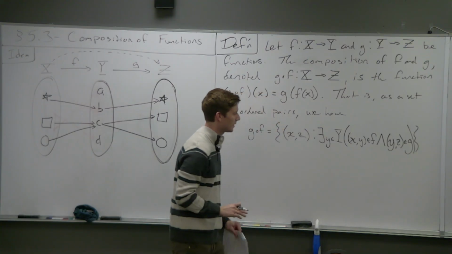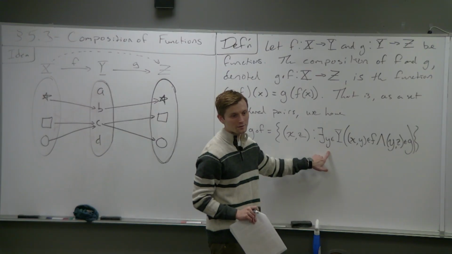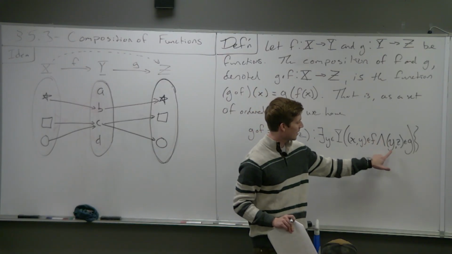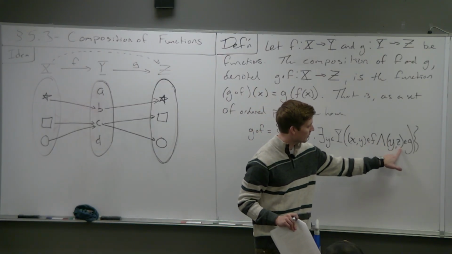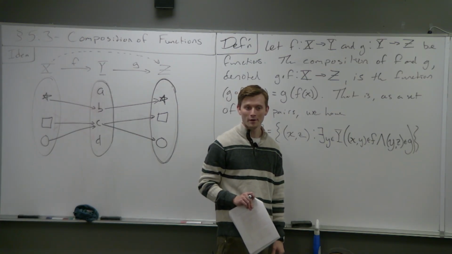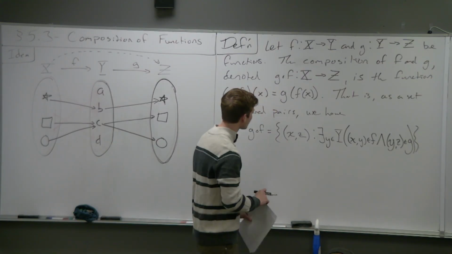So that's the predicate that you would be following. It says there's some middle connector piece so that f takes us from x to that connector piece, and g takes us from that connector piece to the desired final result. Okay, cool. So it's just like hooking them up together.